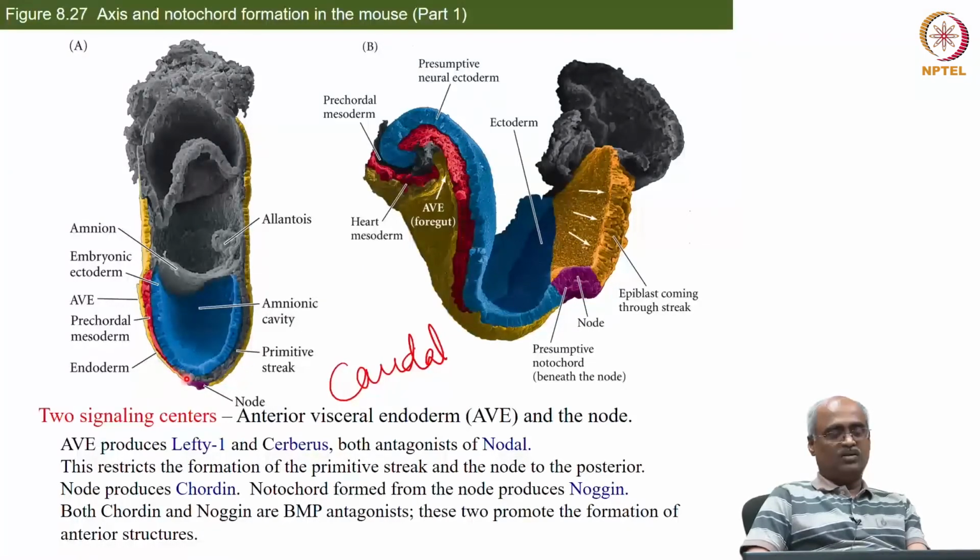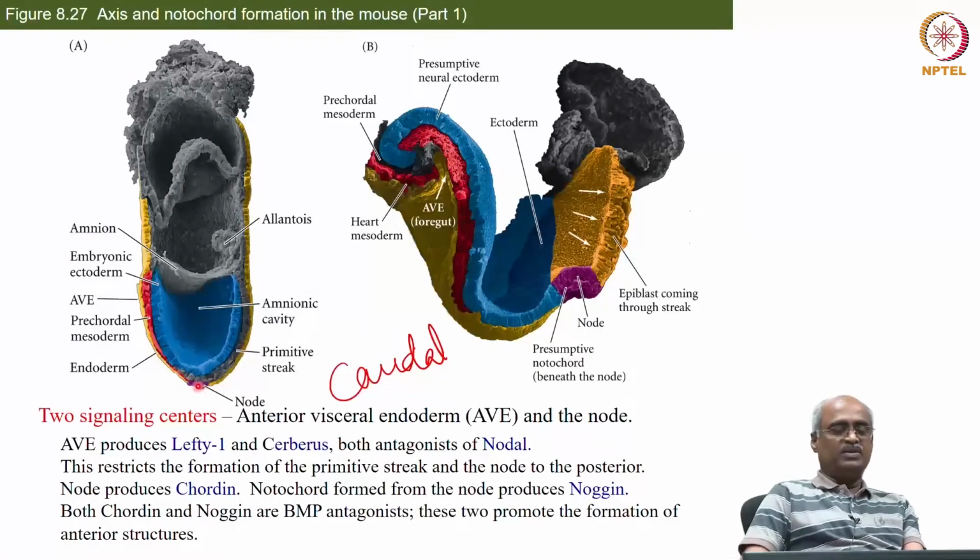And later on, when the node starts producing chordin, and then when notochord is produced from the node area, when the cells form the notochord, this node formation itself is induced by the underlying trophoblast cells, and they seem to be key in specifying the node.